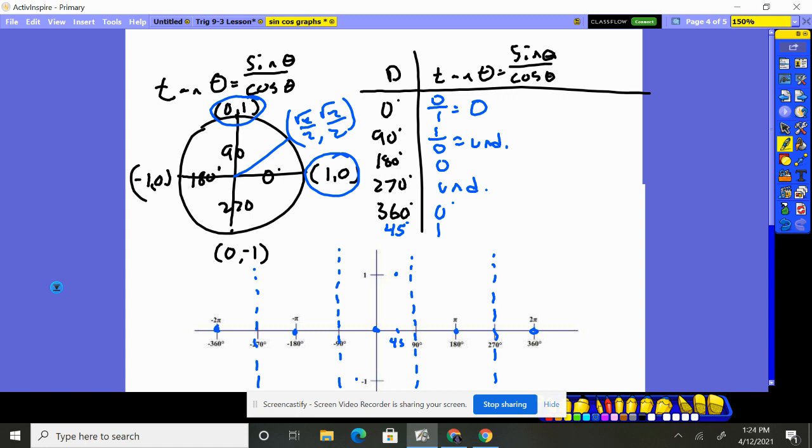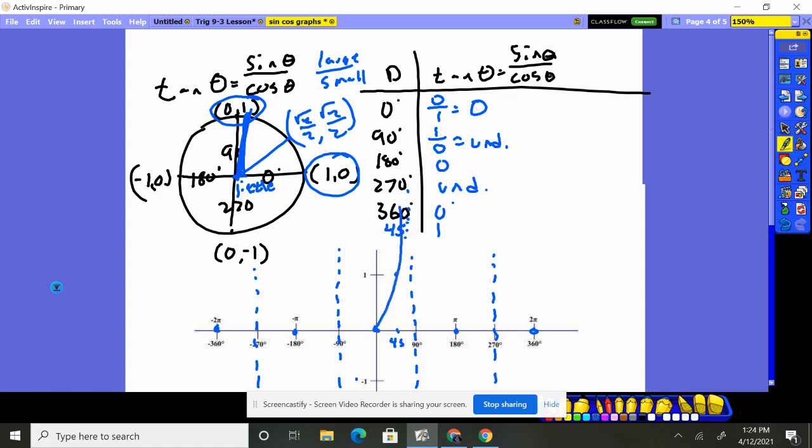And as I get closer and closer to that 90, notice you've gone over very little, and you've gone up almost the whole way, almost the whole unit. So you're going to have a large number divided by a very small number, putting it in groups of smaller and smaller. That means the number gets bigger and bigger. So as we get closer to this asymptote, we're getting higher and higher up.